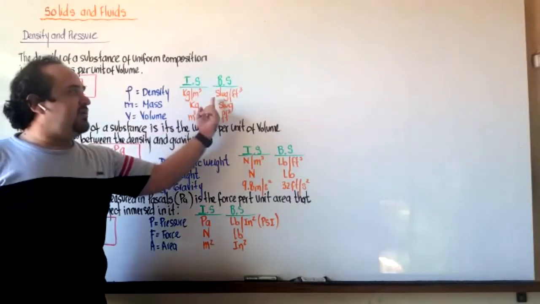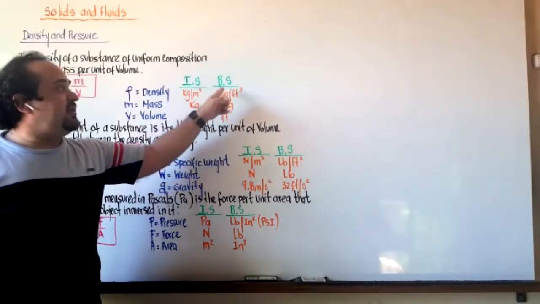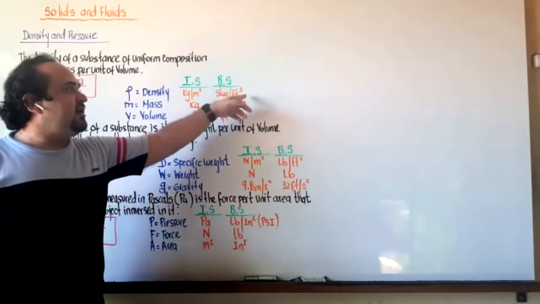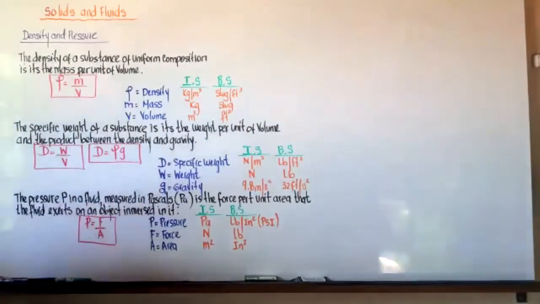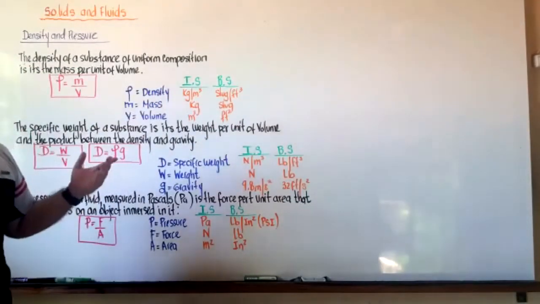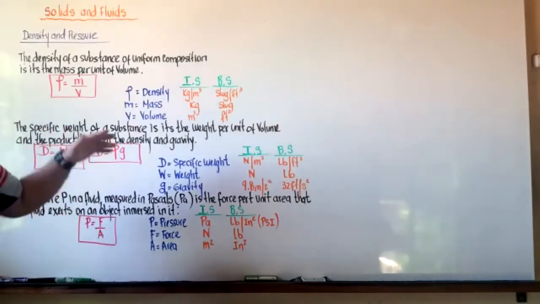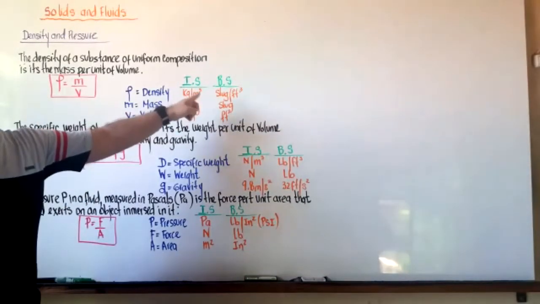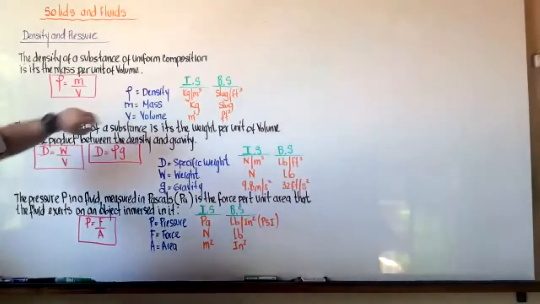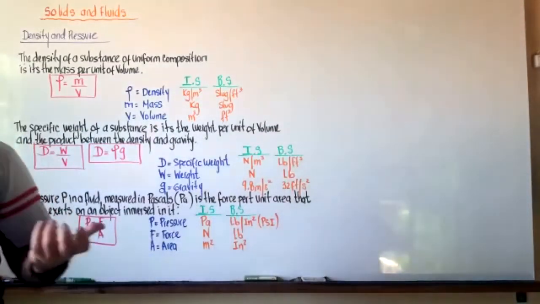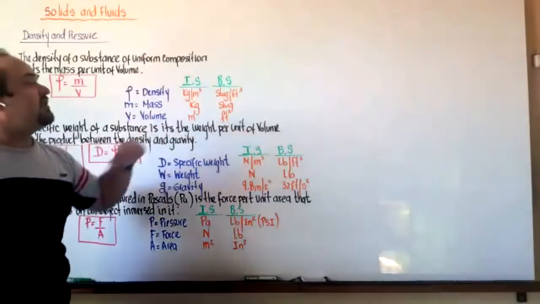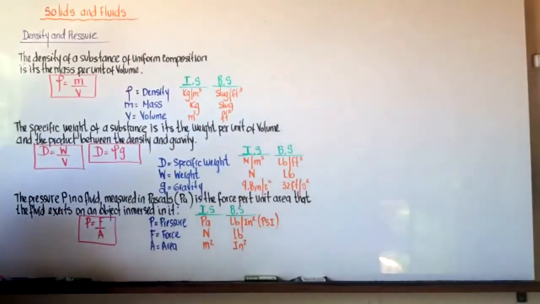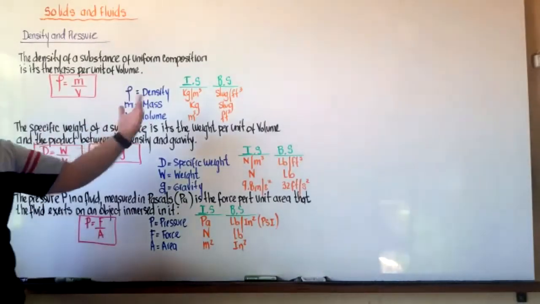The unit for mass in the British system is the slug, S-L-U-G, and the volume is cubic meters, while in the British system it is cubic feet. This is the difference between the units.